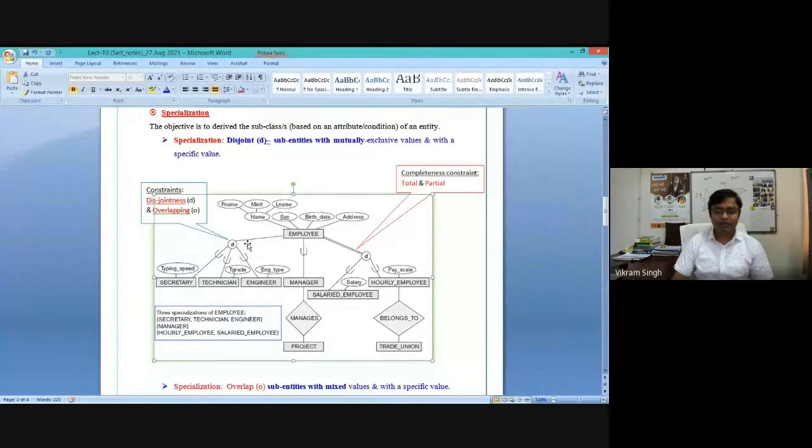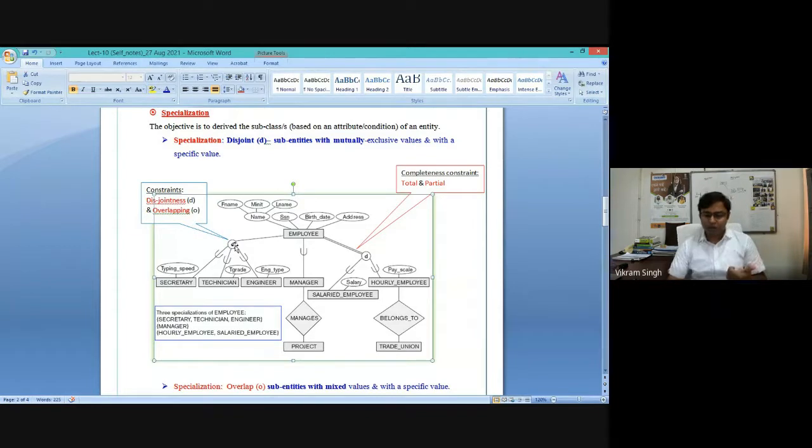It means there will be no common employee between secretary and technician, technician and engineer, engineer and secretary. So each and every sub entity is exclusive. There is no common individual employee existing in the organization. That's the simplistic effect of placing D.